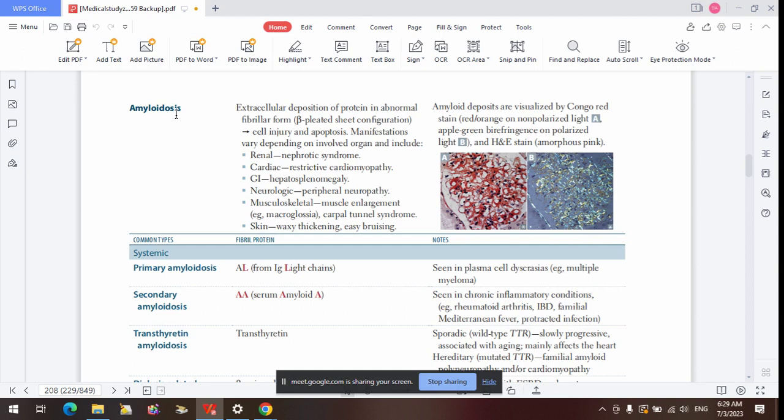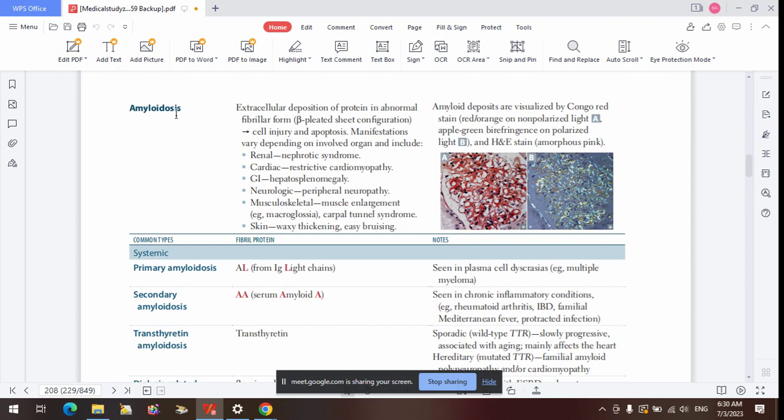Misfolded proteins tend to accumulate or aggregate together, and they assume a fibrillar form with a beta pleated sheet configuration. So we should just remember that the configuration of those proteins will change from the normal alpha helix to a beta pleated sheet configuration.